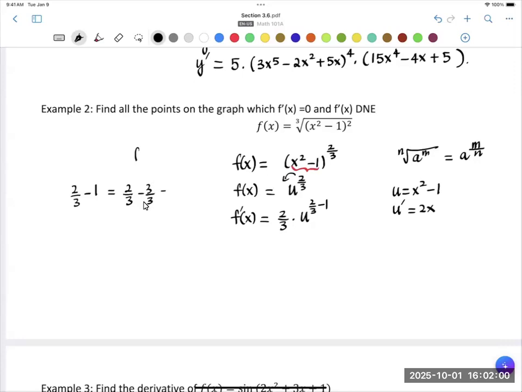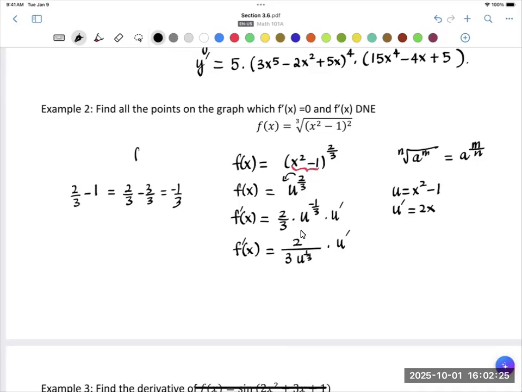So that is negative 1/3. Pull the negative exponent down to the bottom. I have f prime of x equal to 2 over 3 u to the power 1/3 times u prime. I forgot to times u prime, okay?